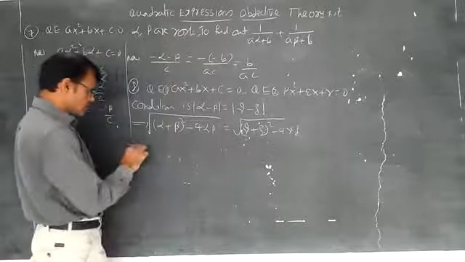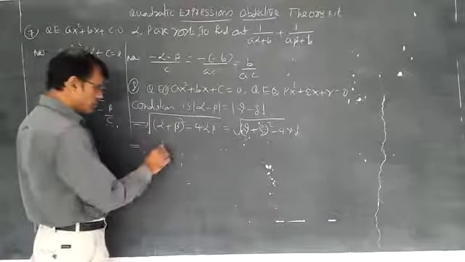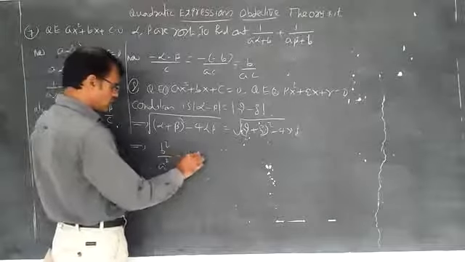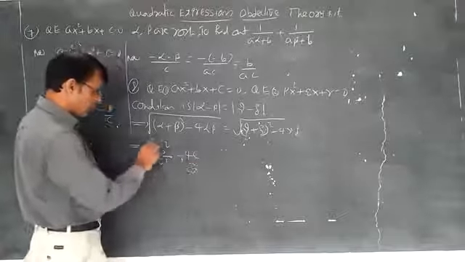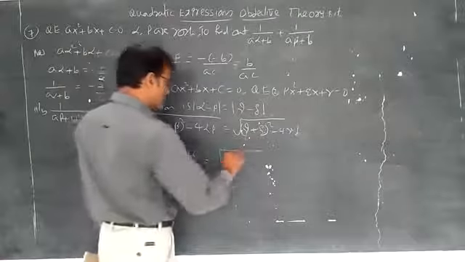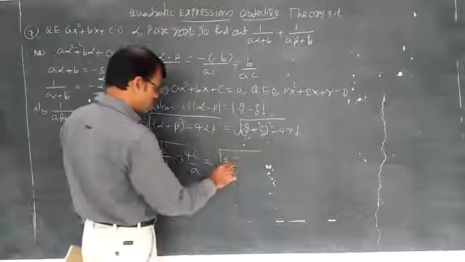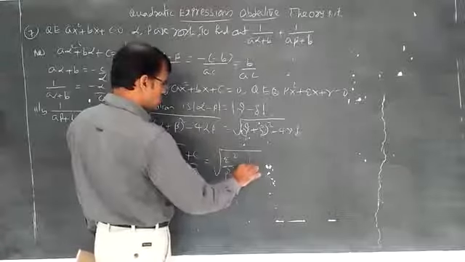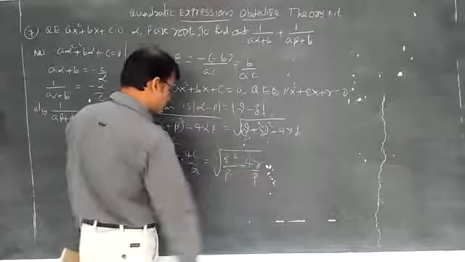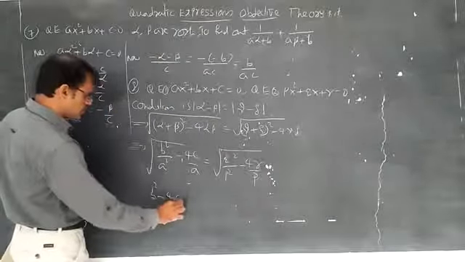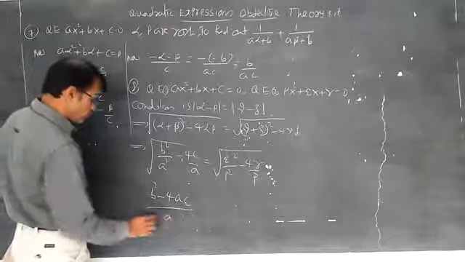Here alpha plus beta whole square is b square by a square, minus 4c by a. Similarly p square by q square minus 4r by p. Taking LCM, b square minus 4ac by mod a.